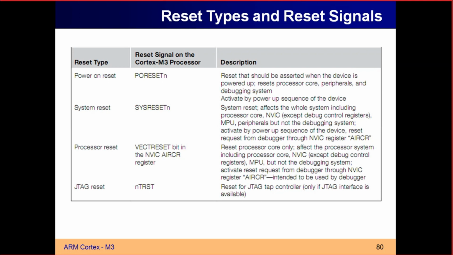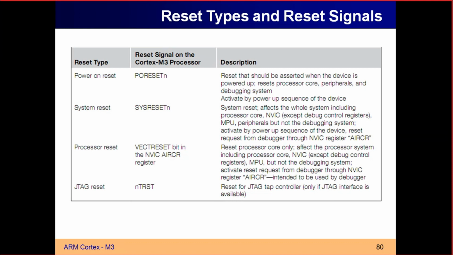Right. Then the last one is JTAG reset. It is used for debugging purposes. Whenever JTAG or the debug peripheral is asking for some information, you can give a JTAG reset. It is used for the debugging operation. And this will be done only if you have that JTAG debug access port. I have told you about the SWJ debug access port and the SW debug access port.